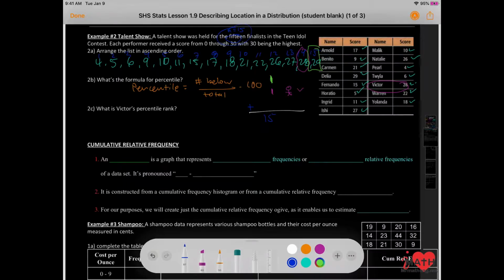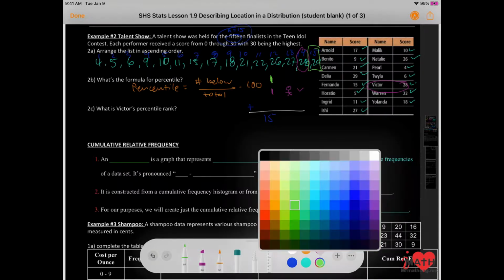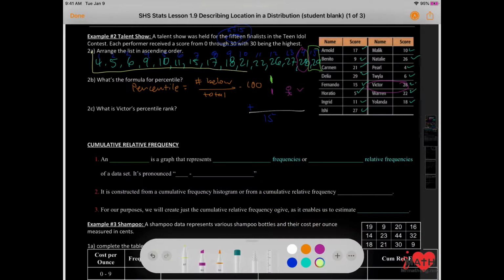What color can I use? Orange, yellow. It doesn't really come out really well in this. Okay, so that means all of these people are below Victor. Okay, so that's going to be 13 people. These 13 are below Victor, right?